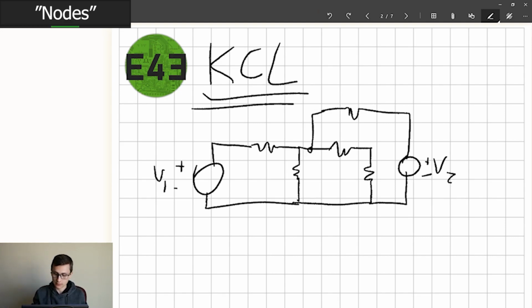So now we've got an R1, an R2, an R3, and we've got an R4 with, for good measure, an R5.